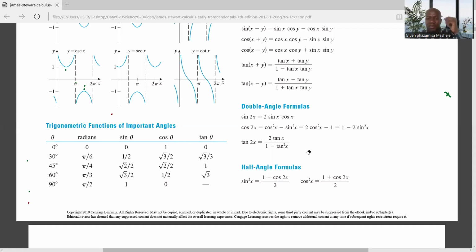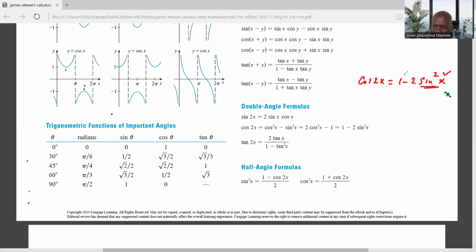Okay, guys, I apologize. So as I was saying, the issue of half angles. Half angles come from the double angles. For example, you know that cos 2x is 1 minus 2 sine squared x, and you're looking for this. It means it will now become half of the angle, so we can make this the subject of the formula.